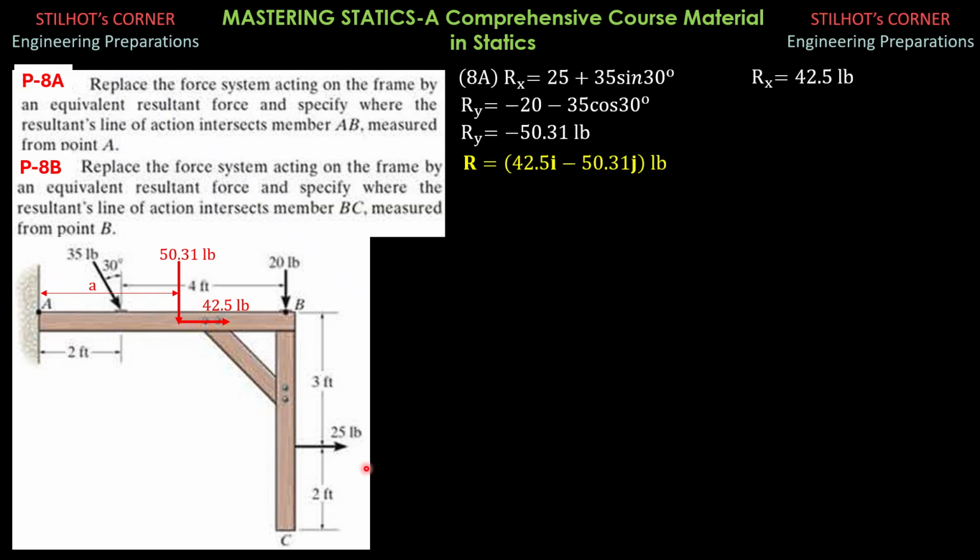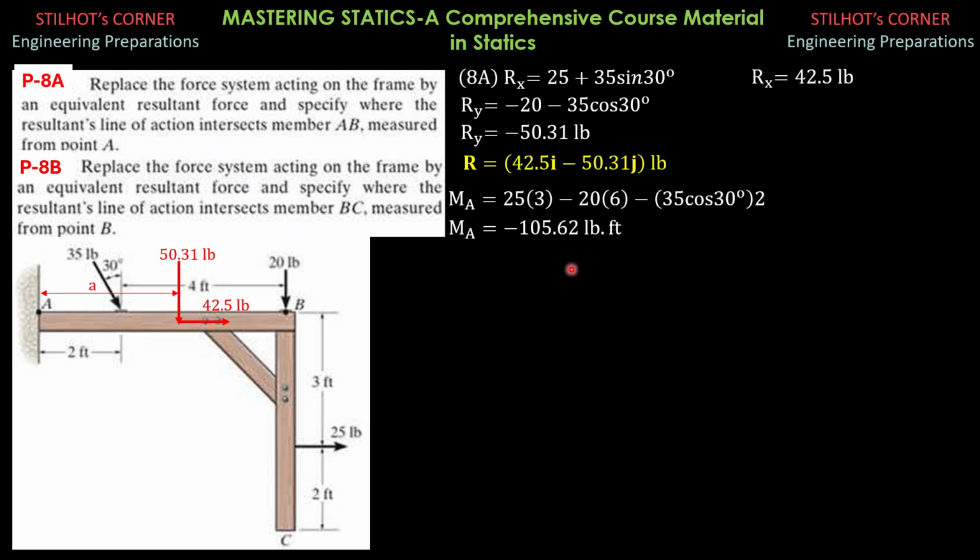So we have moment about A is equal to 25 times 3, then minus 35 cosine 30 degrees times 2, which is that, then minus 20 times 6, which is this. So MA is negative 105.62 pound-foot. Considering the resultant components, only the vertical has moment and it is clockwise.